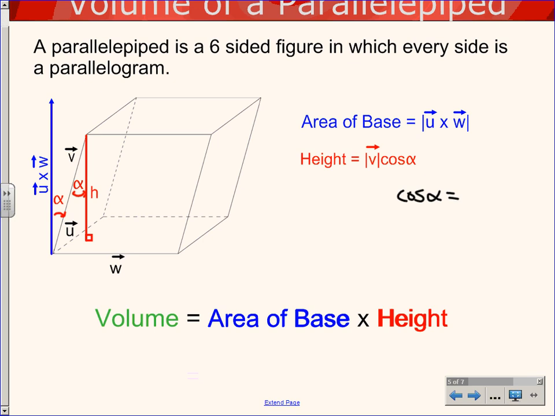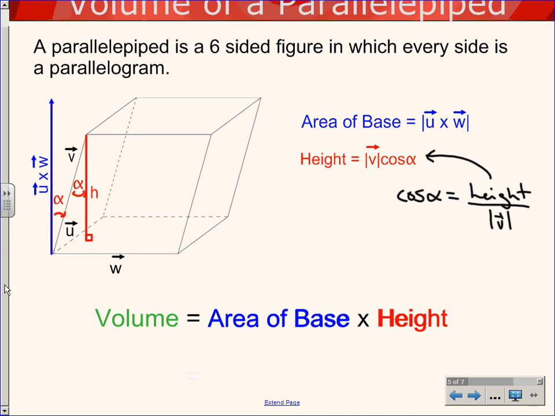So the adjacent for alpha is the height, and the hypotenuse would be the magnitude of vector v. And then all we've done is we've rearranged that for the height to get this formula, multiply both sides by the magnitude of v.